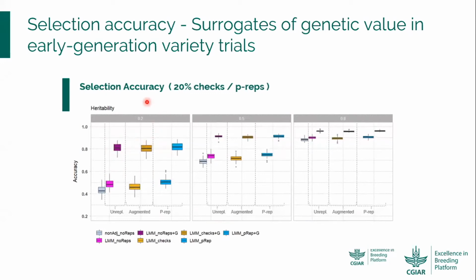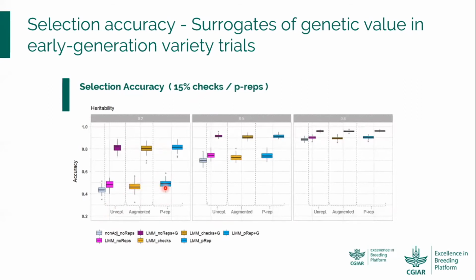Something that is relevant for you to know, why this is some sort of animation, is because we are changing the replication level. Percent checks or P-reps, 10% checks or 10% P-reps, 15% checks or 15% P-reps, 20% checks or 20% P-reps. What you can see as the level of replication increases for the checks or for the P-reps is that in the case of the augmented, actually having more checks doesn't make your model more accurate, by the way.